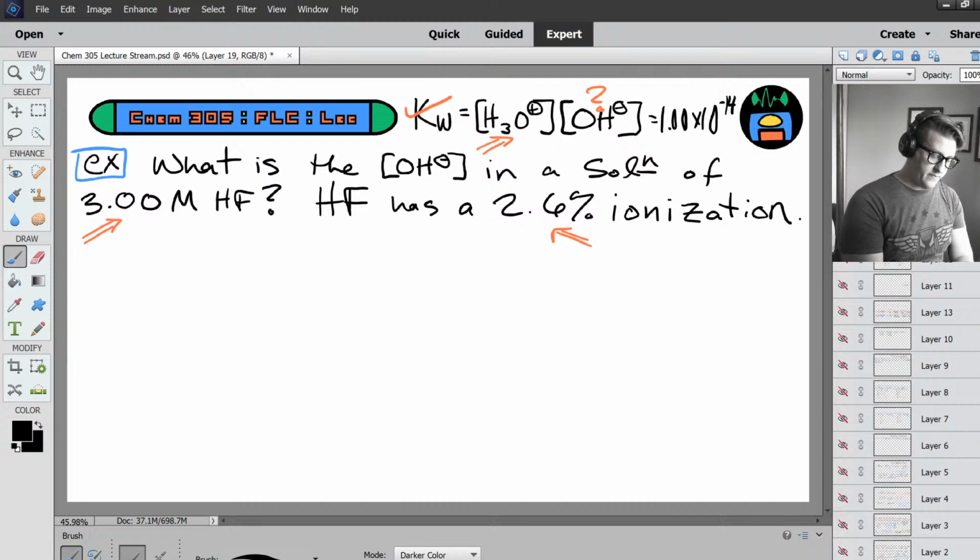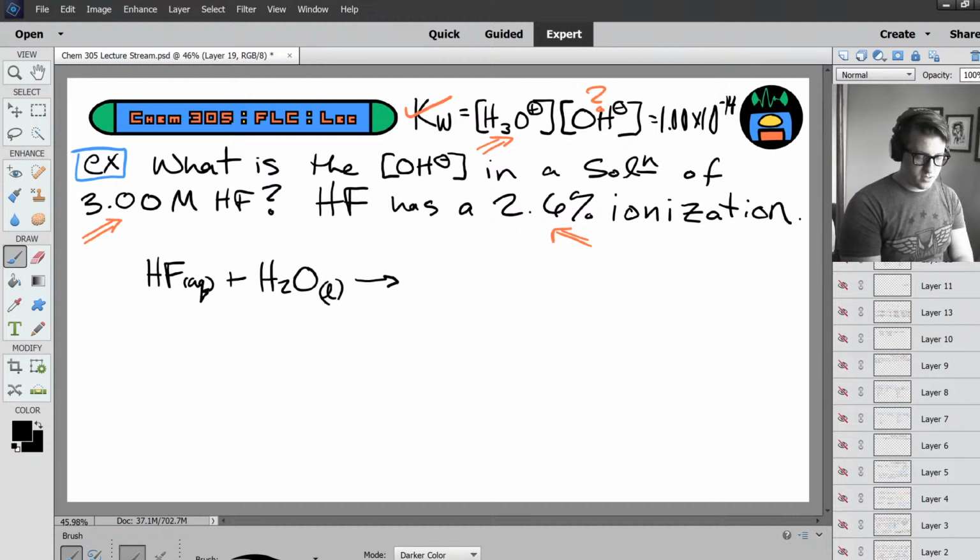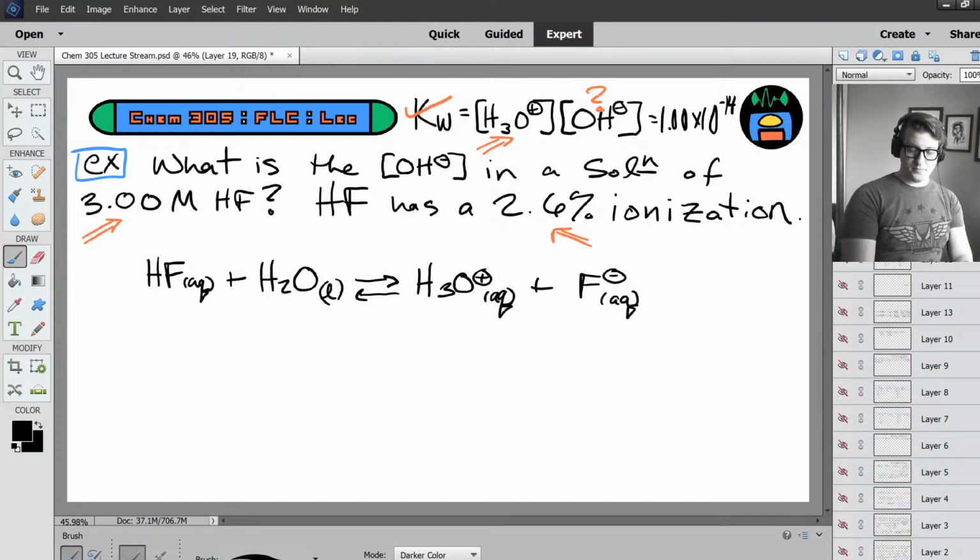We have hydrofluoric acid reacting with water to produce hydronium plus our conjugate base, which is fluoride for HF.